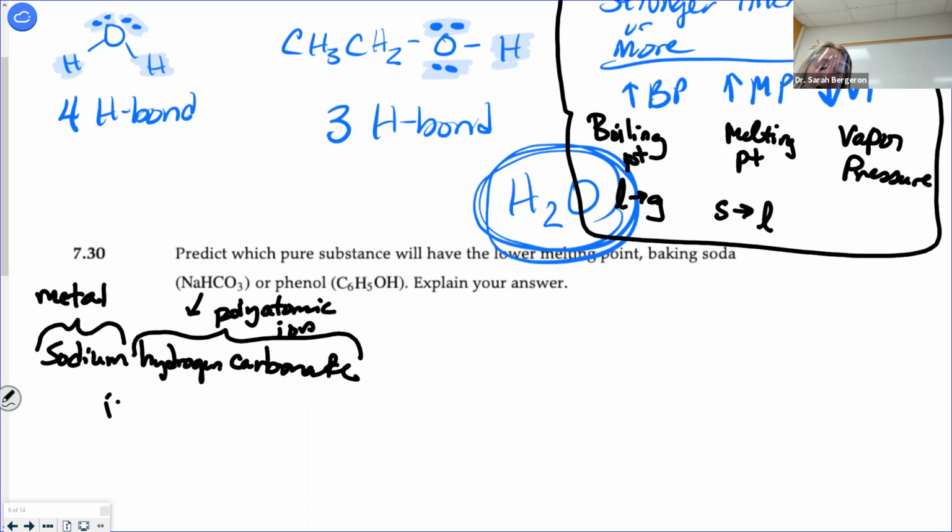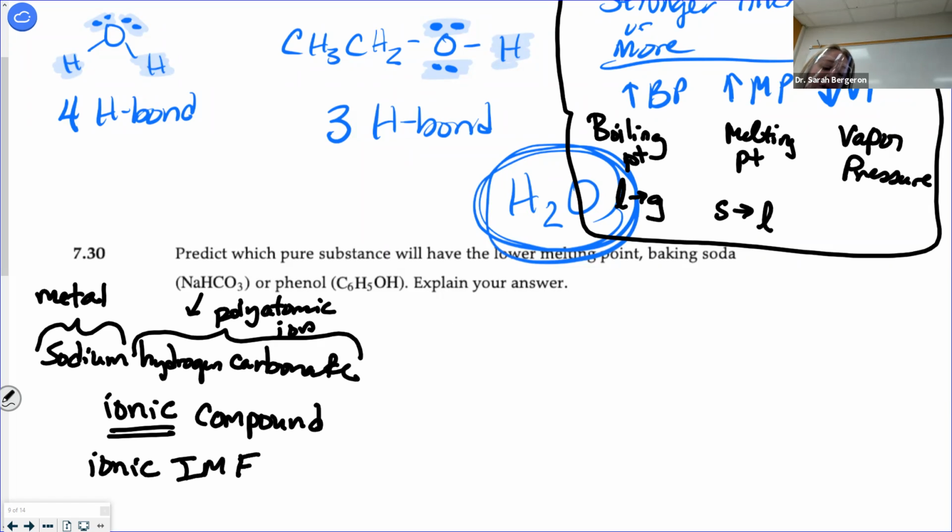We call it ionic. So what is the strongest type of force that's present for this pure substance? It's ionic. It's absolutely ionic. So it's an ionic compound, and it has ionic intermolecular forces. Call them IMFs, intermolecular forces.